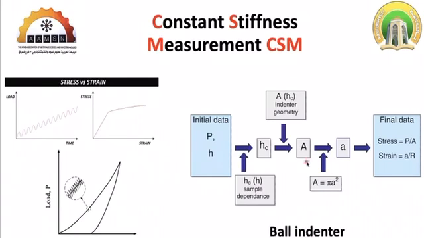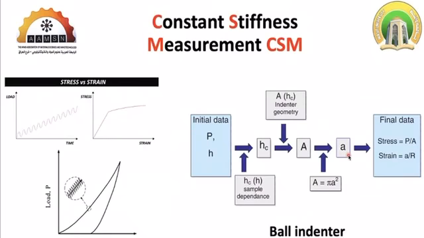So until here, we are following the same procedure as the traditional testing, but here there are added steps to calculate a, which is the radius of the contact.